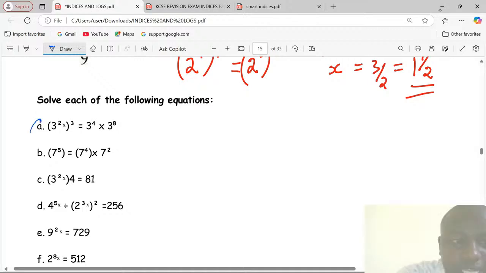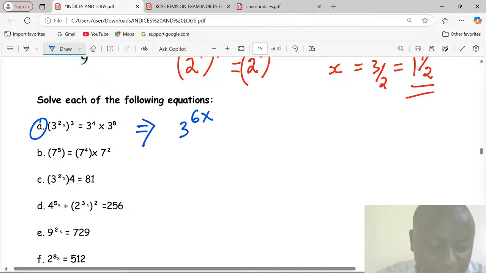In the first question here, 3 power 2x, everything has been raised to power 3. So we are being directed to the product law of indices, which says at that point, we just need to write 3, then power the product of 2x and 3, which is 6x. This is equivalent to 3 power 4 times 3 power 8.